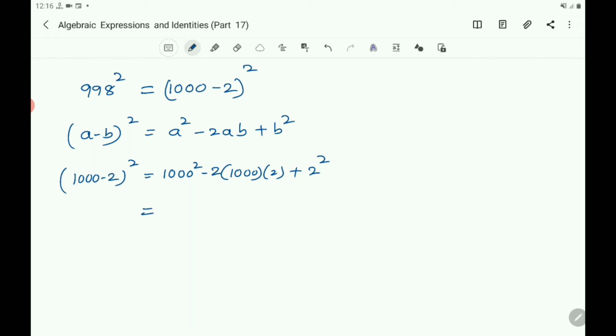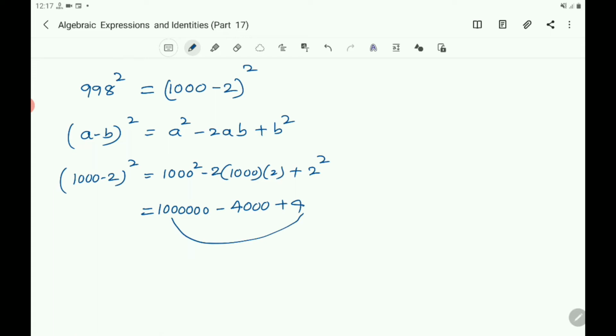So 1000 square minus 2 into 1000 into 2 plus 2 square. 1000 square: you know that here there are 3 zeros, so in its square there are 6 zeros. So 1000 square is 10 lakh, that is 1 with 6 zeros. Then 2 into 1000 into 2: 2 twos are 4, 4 into 1000 is 4000. Plus 4. Here 10 lakh minus 4000 plus 4.